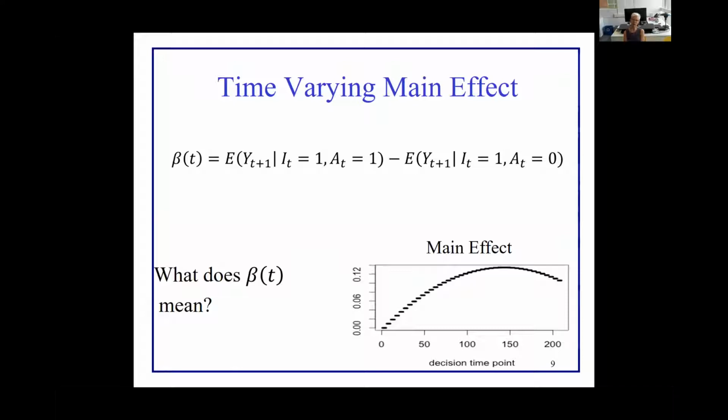And when we were thinking about the study, I drew this little rough curve. You notice the horizontal axis has 210 decision points on it because that's the 42 days, 5 times a day. And then the vertical axis has standardized effect sizes.